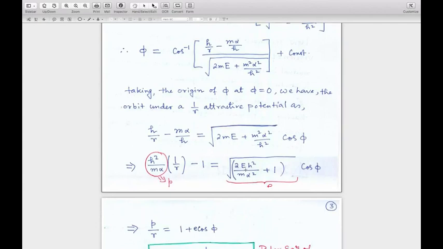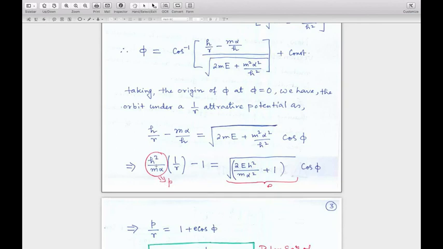Now we multiply h by m alpha on both sides. Then this will become h square by m alpha times 1 by r minus 1, and h by m alpha will enter inside the square root as h square by m square alpha square, and finally we will have the square root of 2Eh square by m alpha square plus 1, times cos phi.